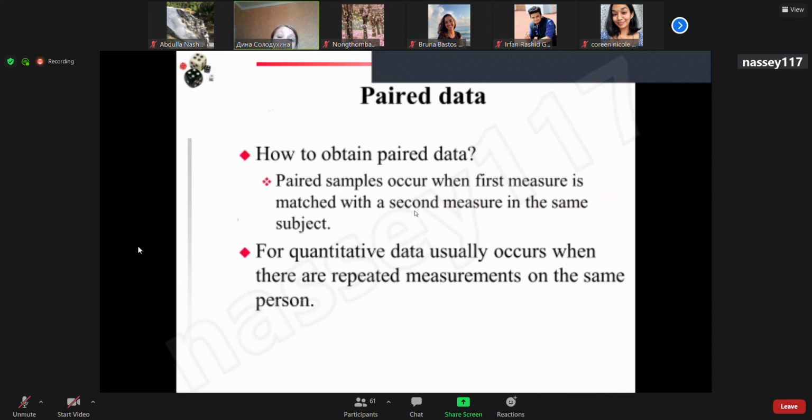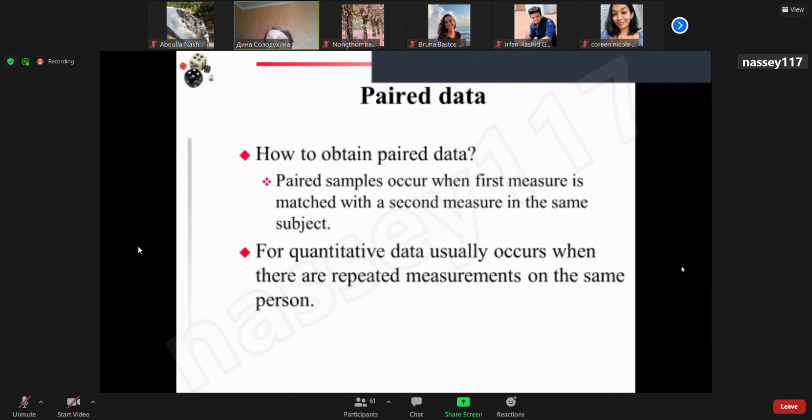Okay, how to obtain paired data? Paired samples occur when the first measure is matched with the second measure in the same subject. Like you remember, we discussed crossover study. In crossover studies, we usually have paired data. For quantitative data, it usually occurs when we have repeated measurements on the same person.